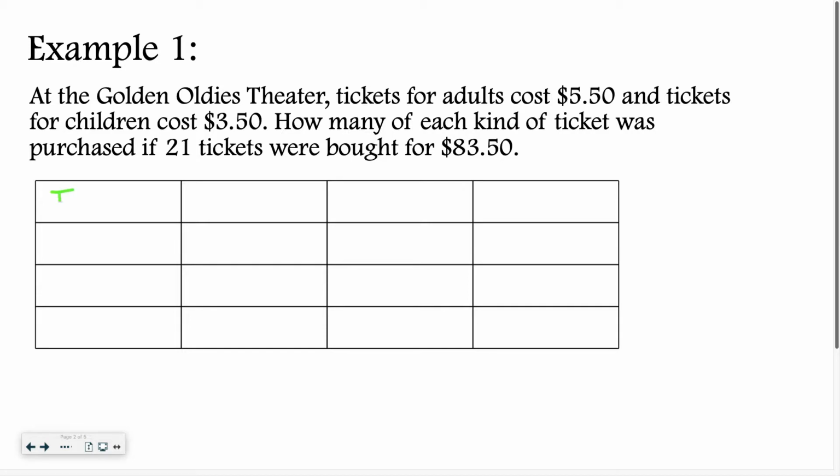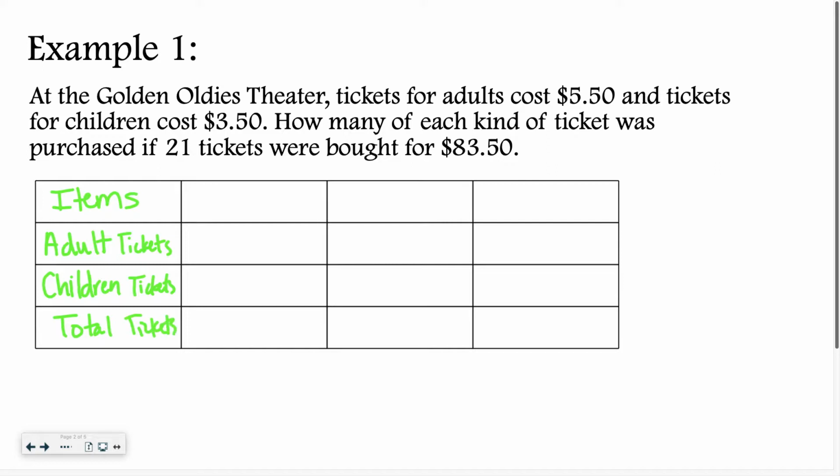In the first column, we write down our items. So we have adult tickets. We also have children tickets, right? Wow, if I could spell children. The struggle is real today, you guys. Children tickets. And then we have the total number of tickets.